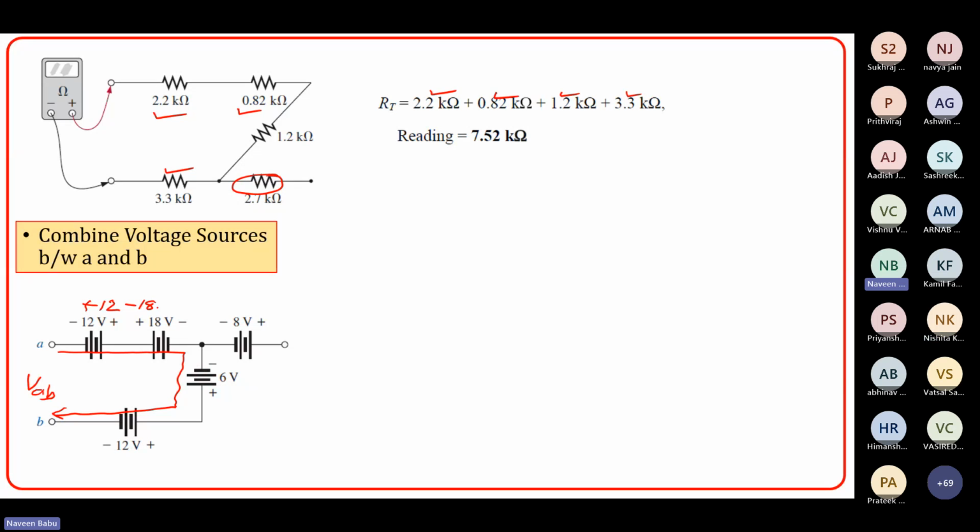And then minus and plus is plus 6. And then plus and minus is minus 12, right? So VAB means it is like putting a battery like this, with A as this terminal and B as this terminal. So again, when you travel here, it will be plus VAB.